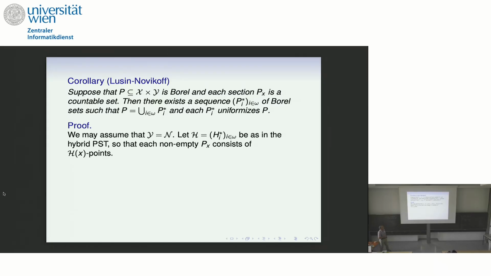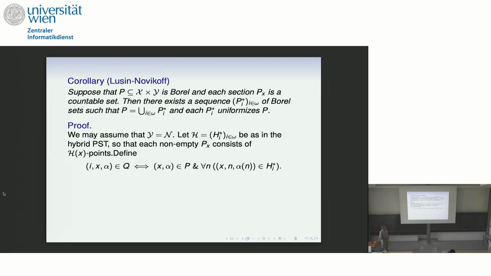We may assume that Y is the Baire space. Let H be as in the hybrid perfect set theorem. P is Borel, so in particular it's analytic, and each non-empty P_x consists of hx points. So we're going to use it. First of all, we do the same trick again. I just put I here at the beginning for some reason.